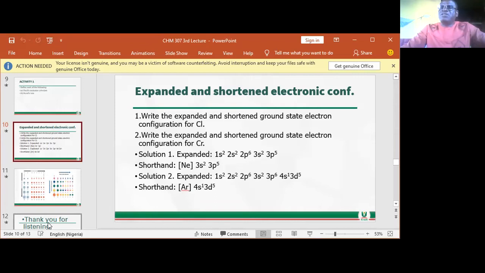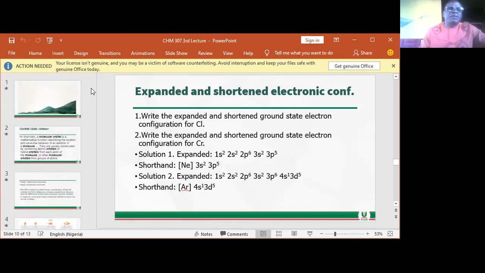So the electrons, instead of having 4s2 and 3d4, would prefer to move to the d. So you have 4s1 and 3d5.